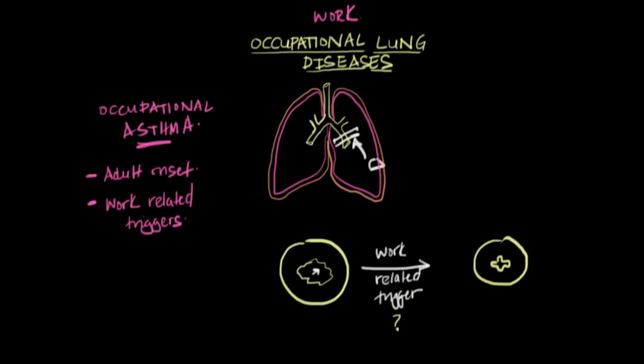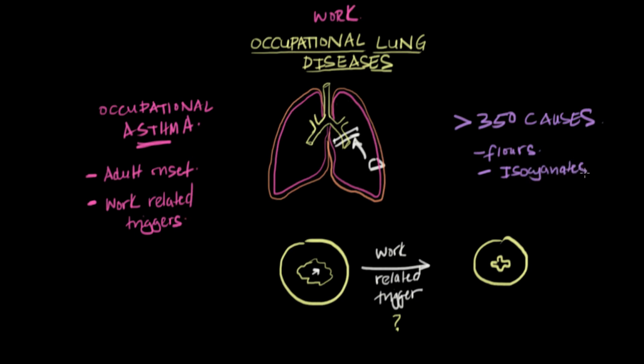So I guess what's left to explore is what these work-related triggers are. Actually, there have been greater than 350 described causes of occupational asthma. At least in the United States, one of the most common causes is different types of flour, so that bakers are at increased risk, and also different types of isocyanates.